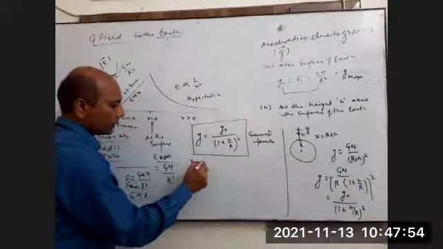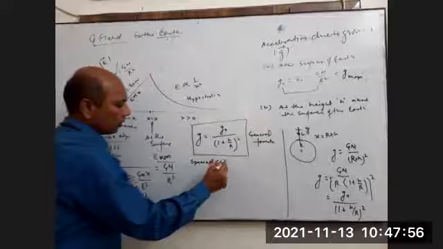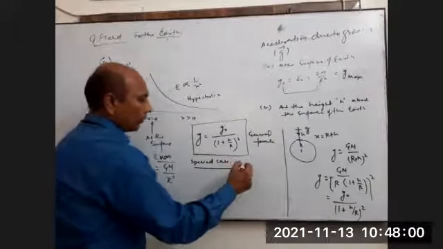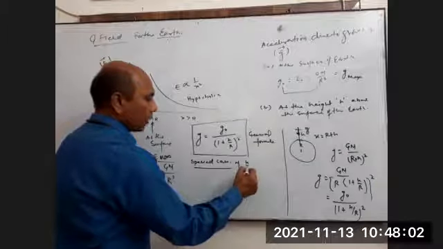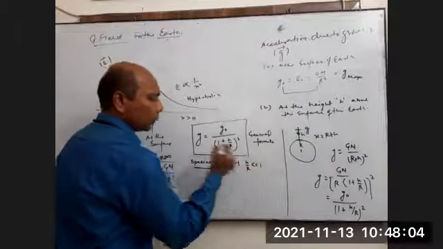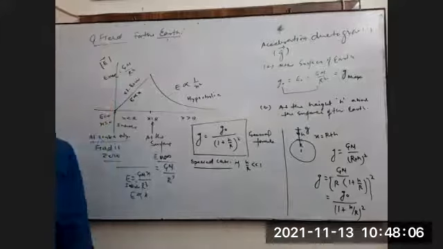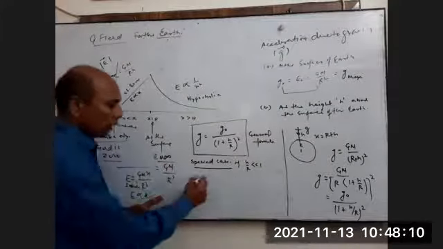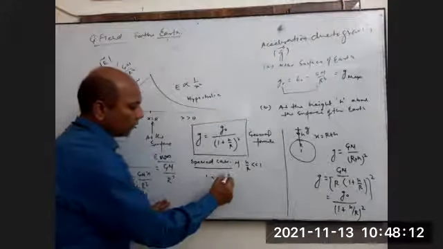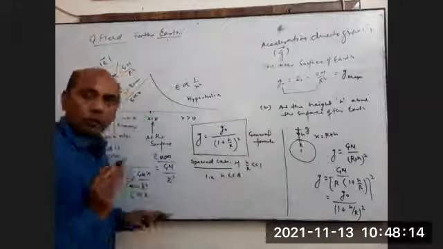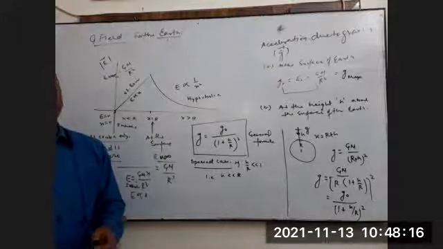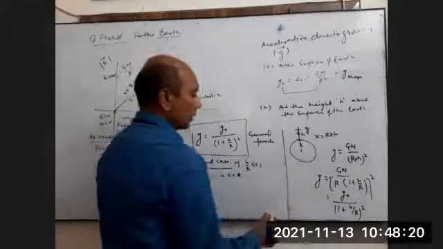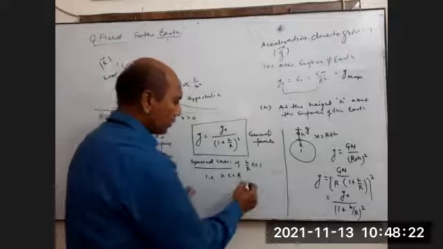We have some special cases. If H upon R is very much less than 1, that is, H is very much less than R. R is very large. What is the radius of the Earth? 6400 kilometers.